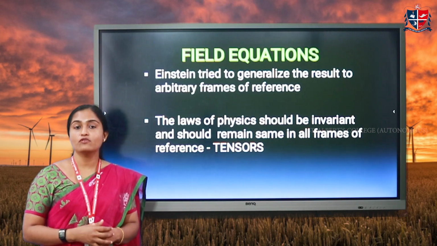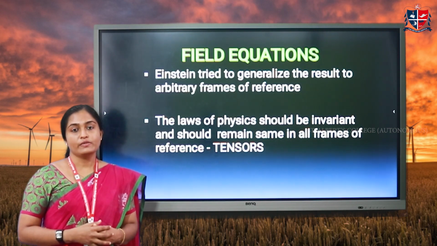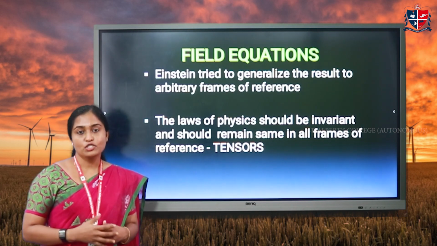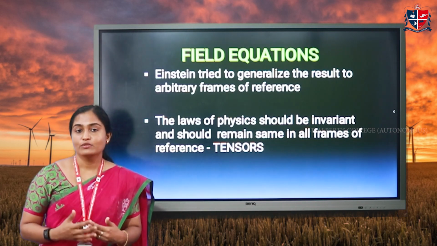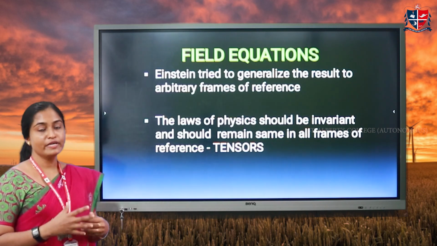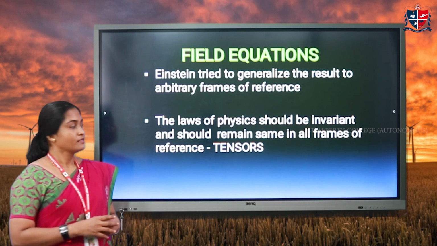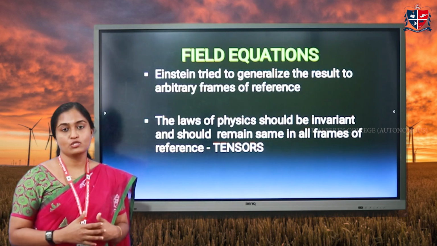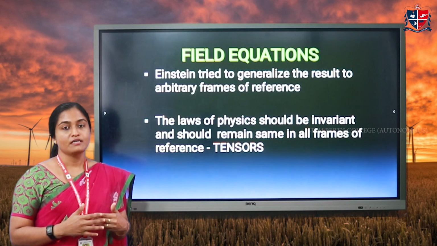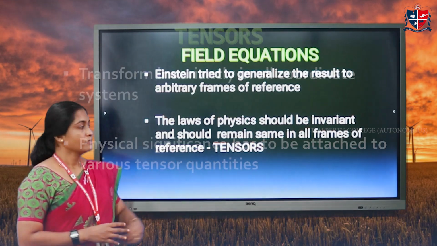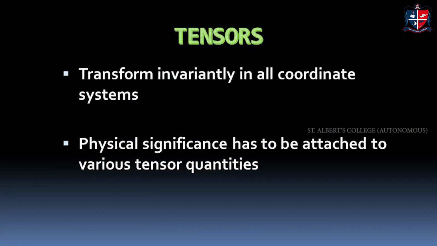Einstein invoked tensors to explain, and he used tensor algebra to do the calculations in general relativity, because tensors are invariant quantities and they should remain so in all frames of reference. When we change the coordinates, the tensor will not change. It remains invariant. So what are tensors?